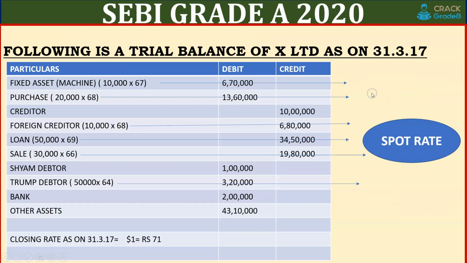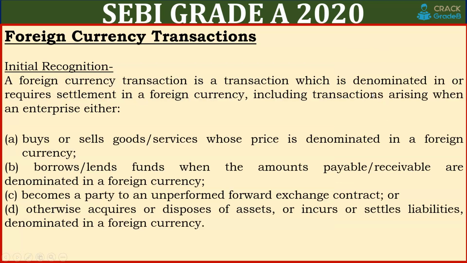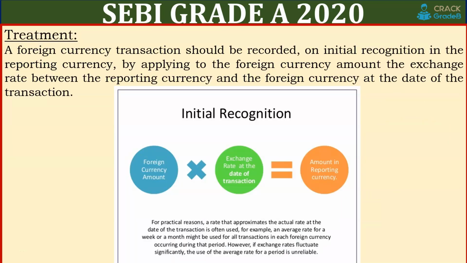Now the treatment. A foreign currency transaction should be recorded on initial recognition in the reporting currency by applying to the foreign currency amount the exchange rate between the reporting currency and the foreign currency at the date of the transaction.